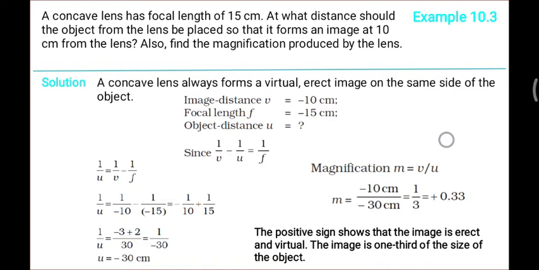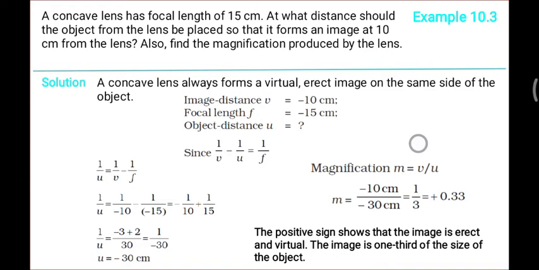So at the end we will see m is equal to v by u, or h prime upon h. The h prime and h data we don't have, so we are not going into that detail, but let us go ahead for finding only u. As the conventional way, for the concave lens you have to follow these steps. A concave lens always forms a virtual erect image on the same side of the object.